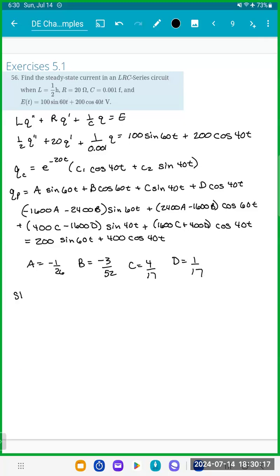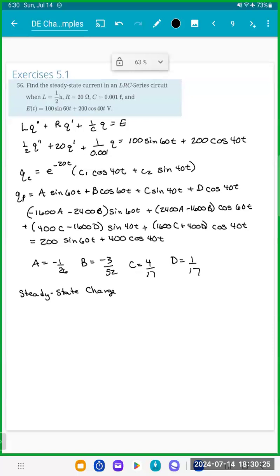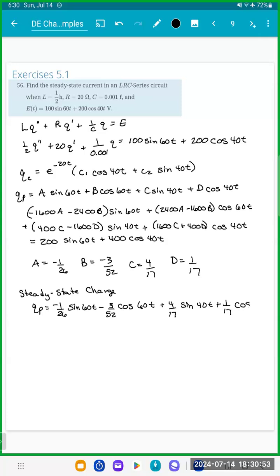So our steady state charge then is Q sub p, negative 1 over 26 sine 60t minus 3 over 52 cosine 60t plus 4 over 17 sine 40t plus 1 over 17 cosine 40t.